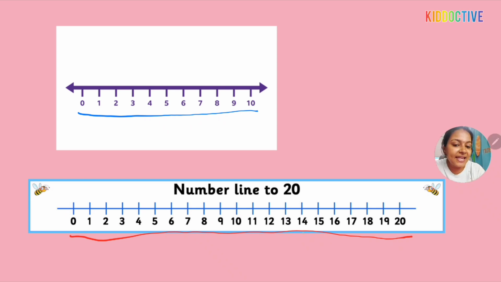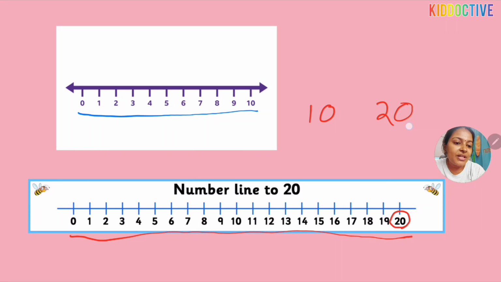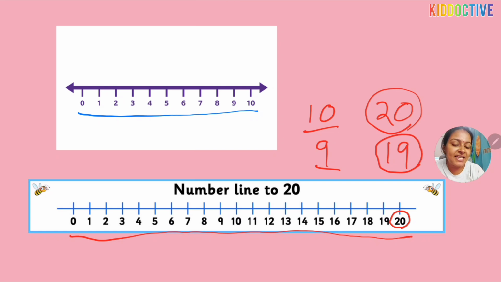That's why in the second number line, 20 is the biggest number. If we compare 10 and 20, then 20 is the biggest number and 10 is the smallest number. If we compare 9 and 19, then 9 is the smallest number and 19 is the biggest number.